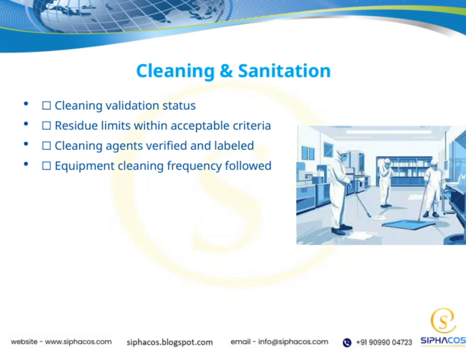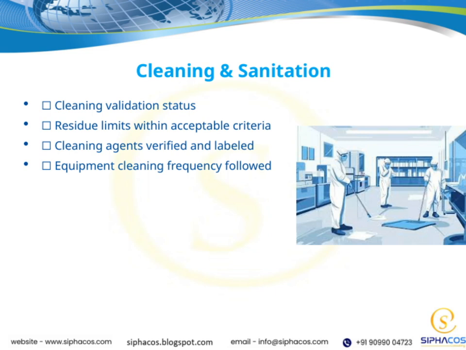We also need to verify and label our cleaning agents. Proper verification ensures that the cleaning agents are effective and suitable for use. Labeling provides clear instructions and traceability, which is vital for compliance and safety. Finally, we must follow the designated cleaning frequency for our equipment.